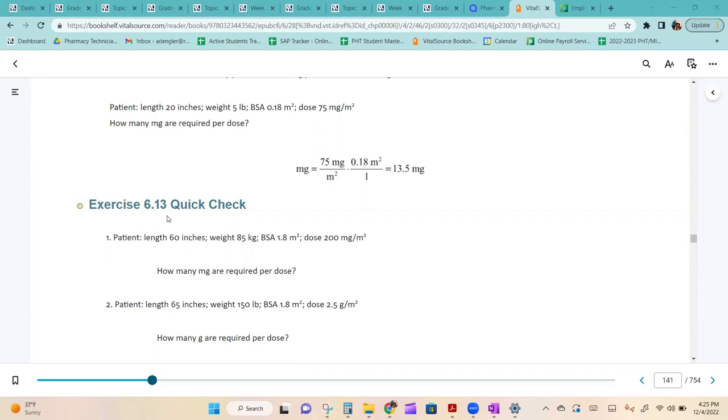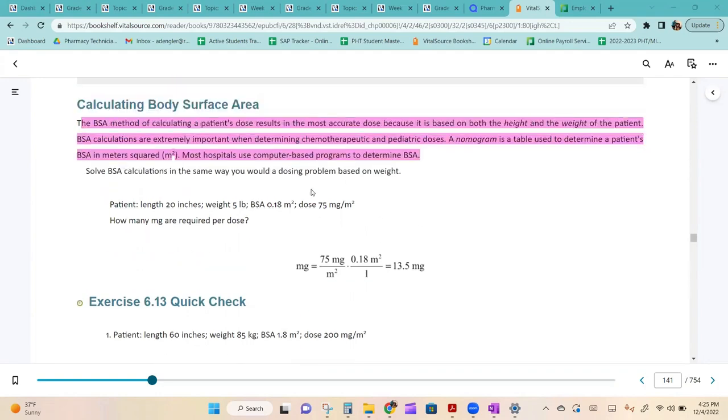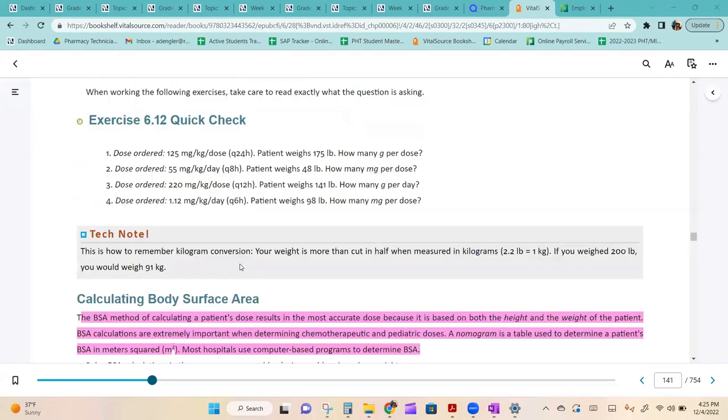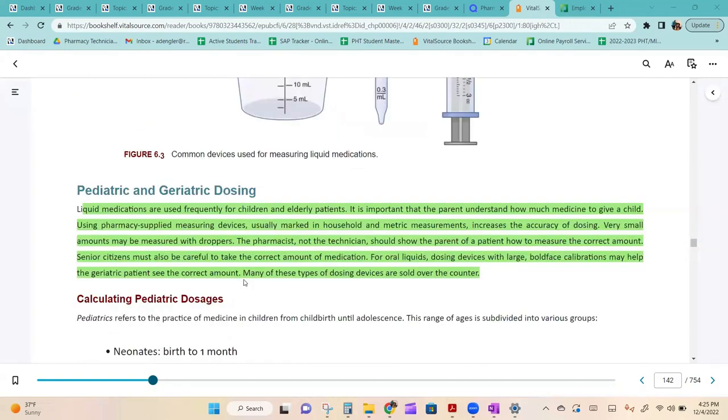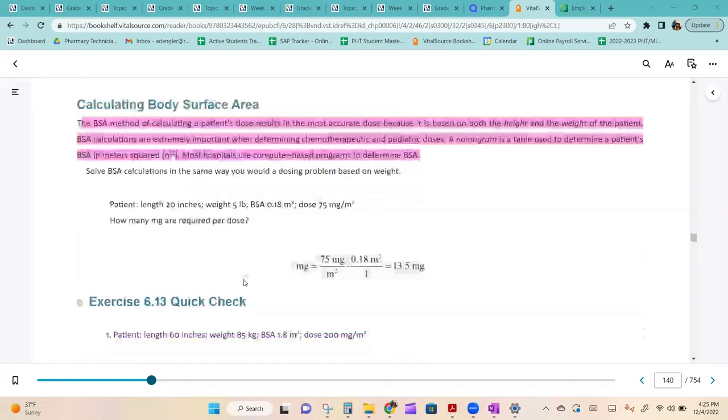And it's done on a nomogram sheet, which they do not, for some reason, have in this book, I don't think. But we will revisit that in the math mod, or if you've been in the math mod, you should have practiced using a nomogram.